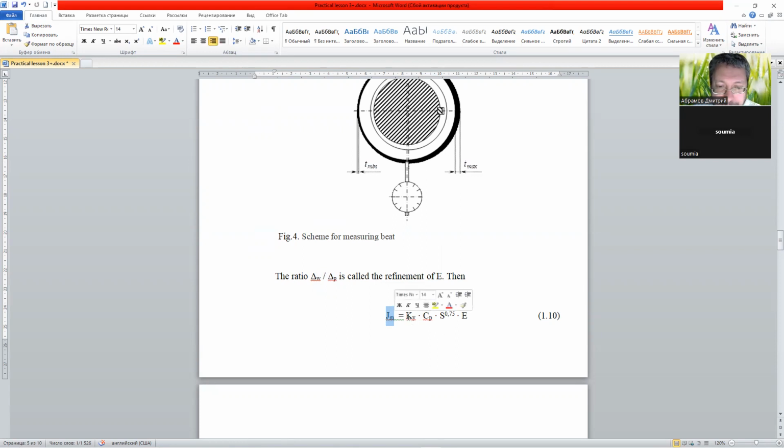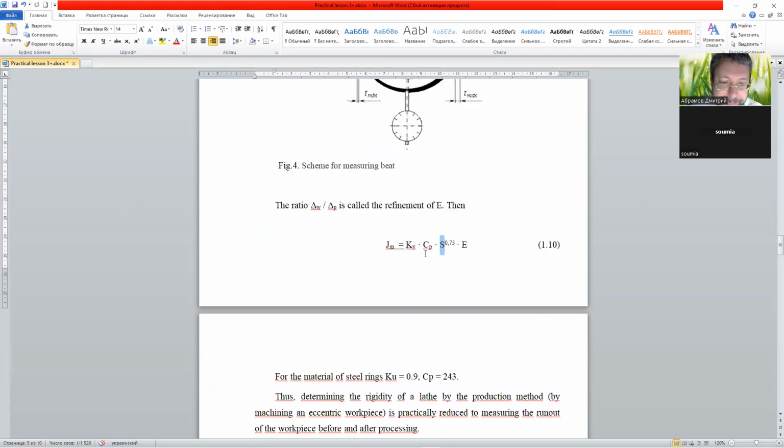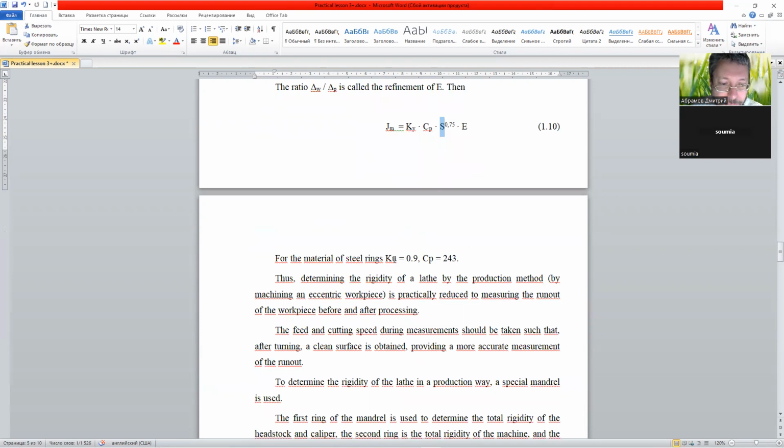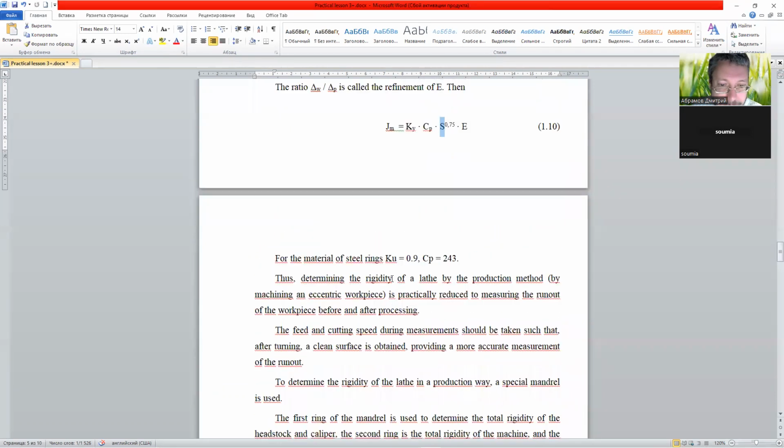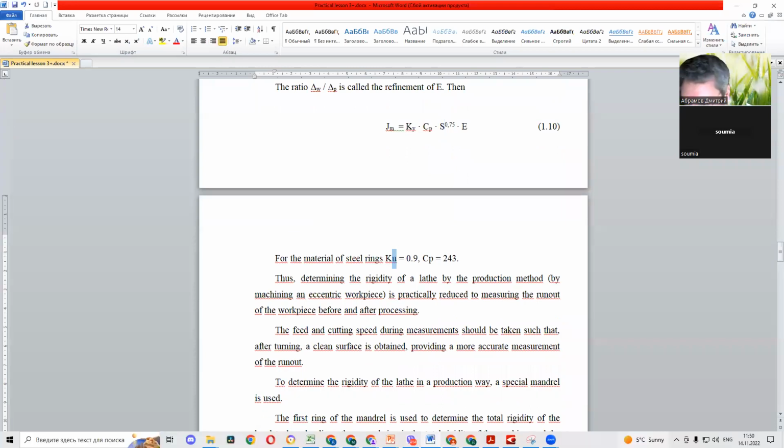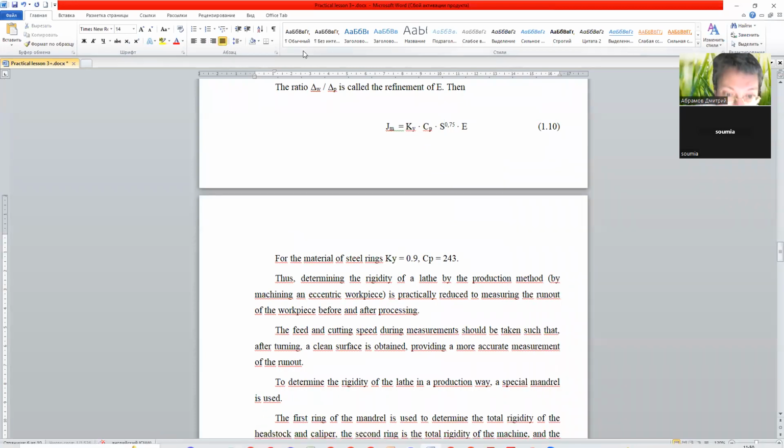You need K_y, C_p, and S. You should use K_y equal to 0.9. C_p is equal to 243.